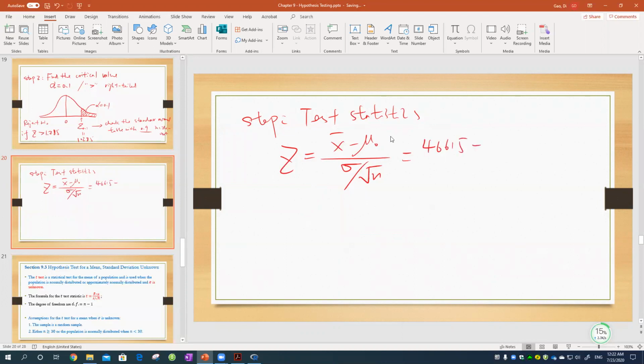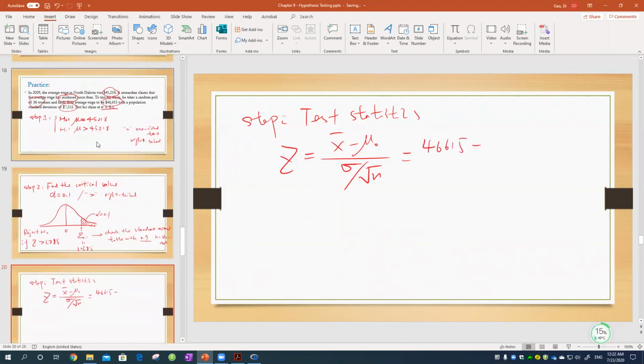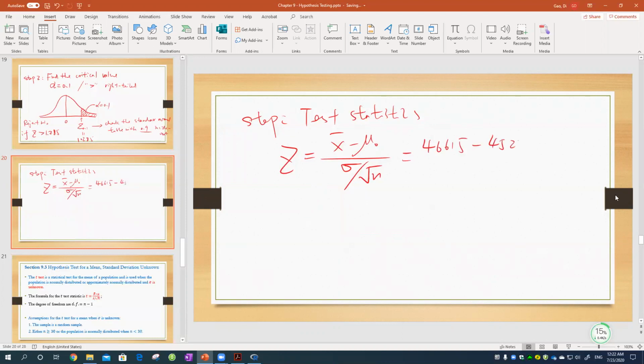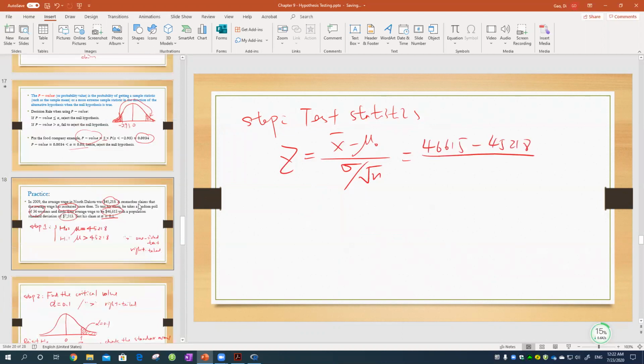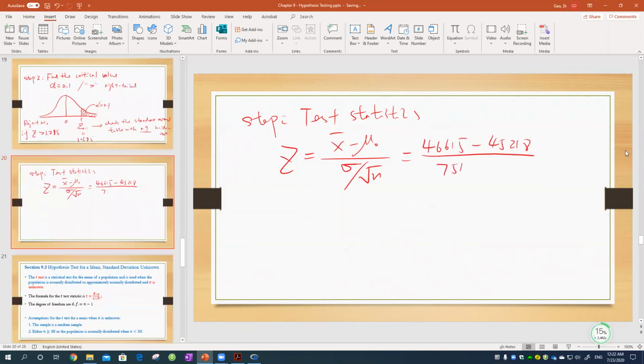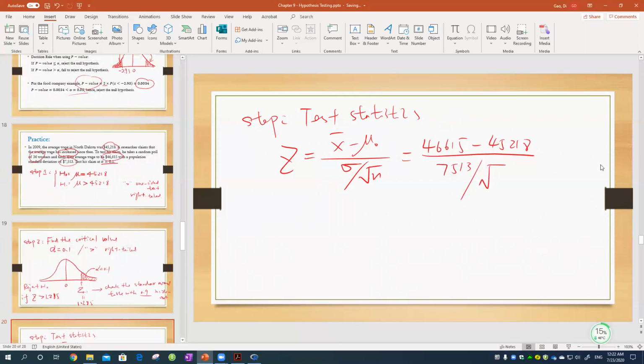Minus mu naught. Mu naught means we find the mu given from H naught. So 45218. Divided by sigma, which is 7513, over square root of n, which is 36.